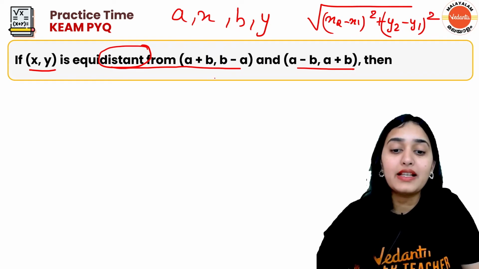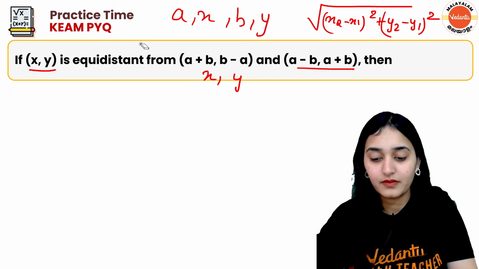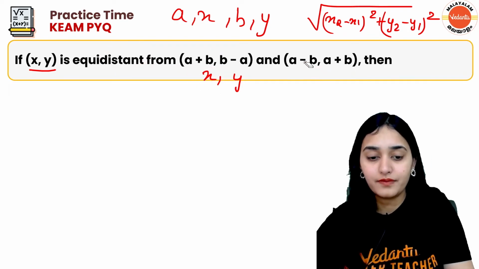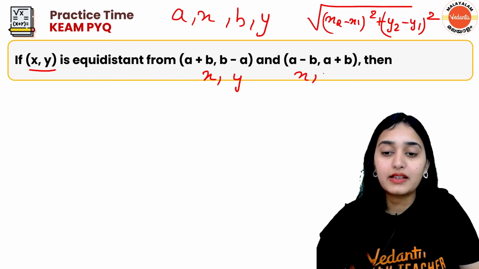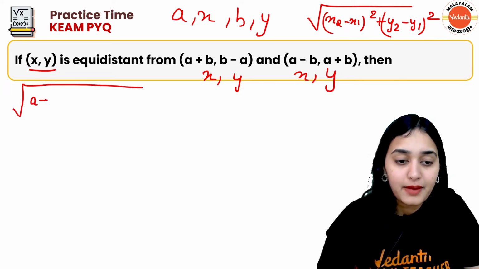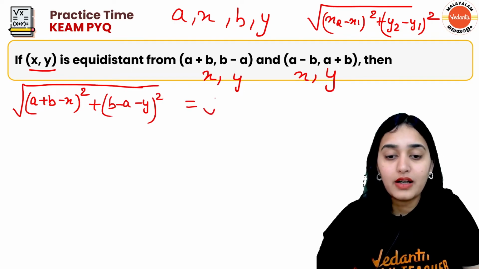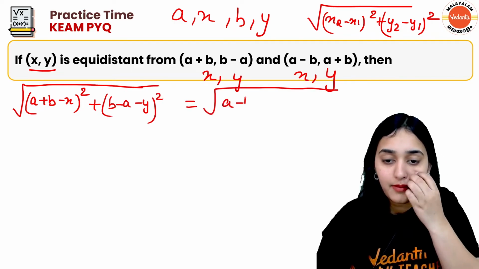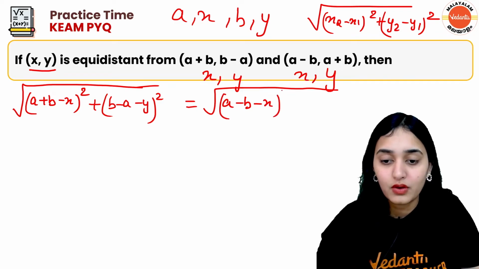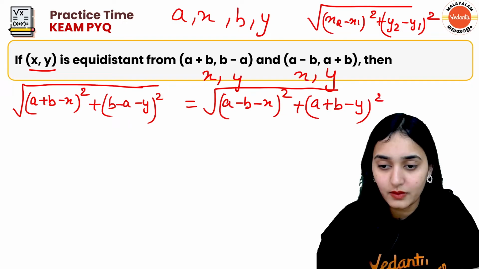Now they are equidistant, so the distance of these 2 points and the distance of these 2 points are the same. So square root of (a plus b minus x) whole square plus (b minus a minus y) whole square is equal to square root of (a minus b minus x) whole square plus (a plus b minus y) whole square.